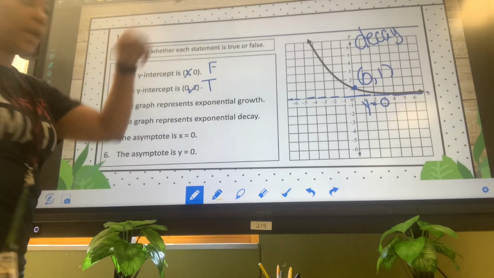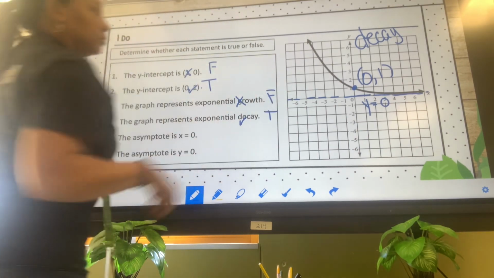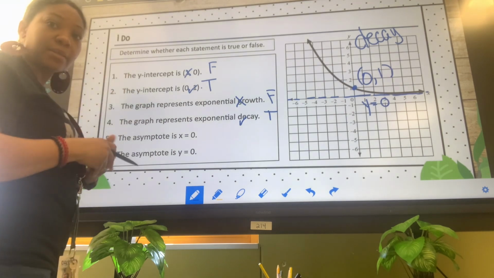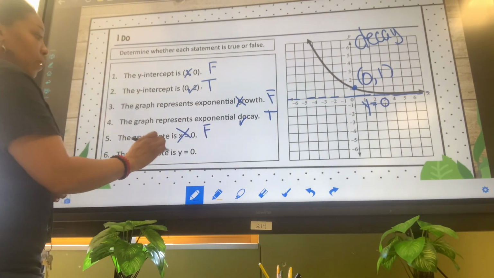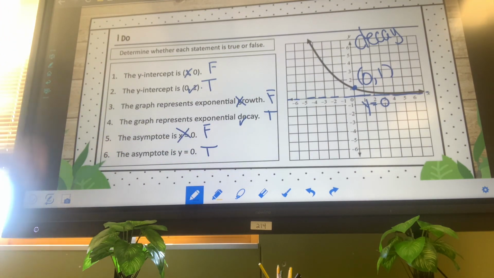No, I wrote that it's decay, so that's false. Decay is true. The asymptote is x = 0. No, our asymptote is a horizontal line, so it's definitely got to say y equals. So that's false. Asymptote y = 0 is true. All you've got to do is look over there and see what we already wrote.